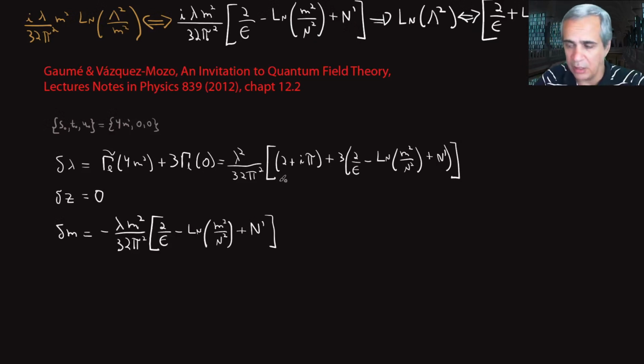Also, you need to be able to eliminate the divergences. Once you regularize, you have the divergences of your theory now explicit in some kind of parameter like this 1 over epsilon right here.